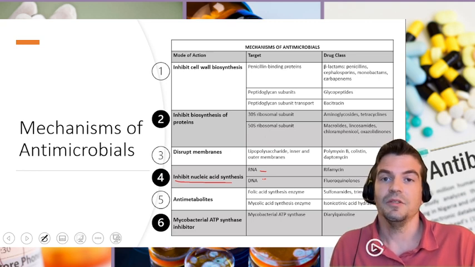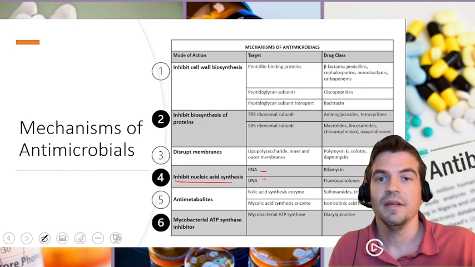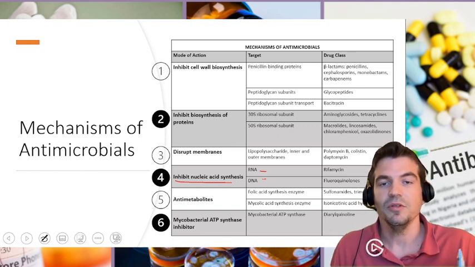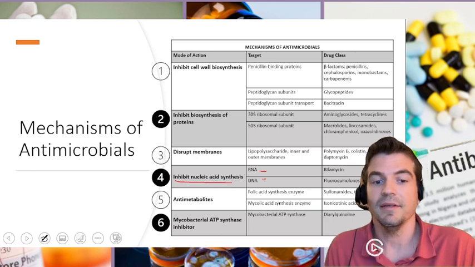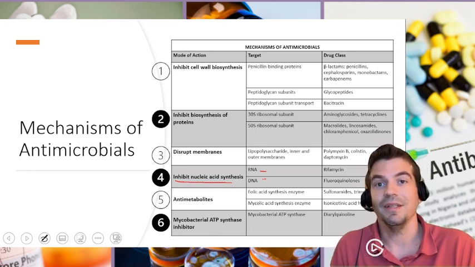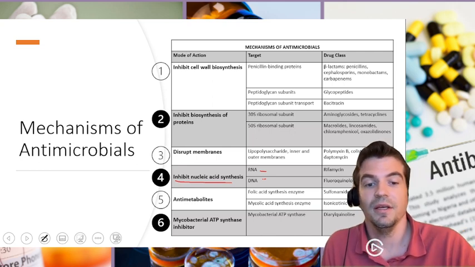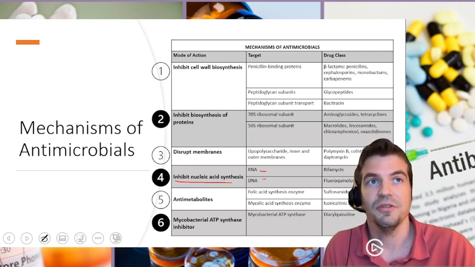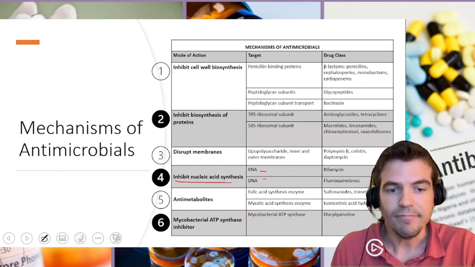So if we have DNA and RNA everywhere, this kind of drug is going to be a broad spectrum drug in that it will target our cells, and it'll target bacterial cells. So this mode of action is very, very broad spectrum.